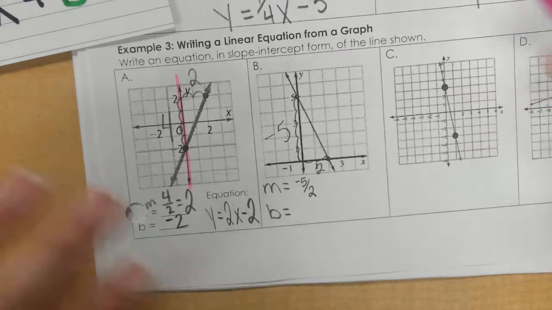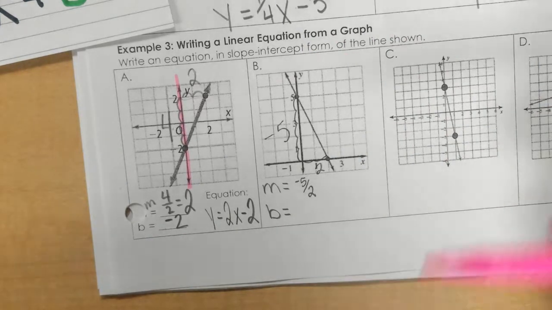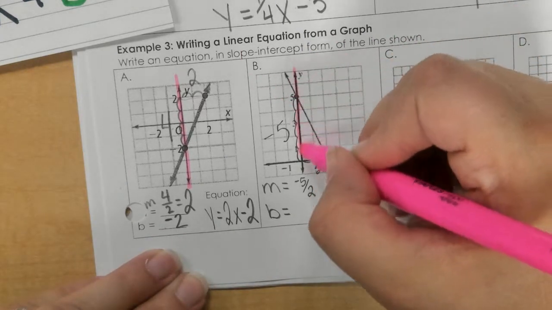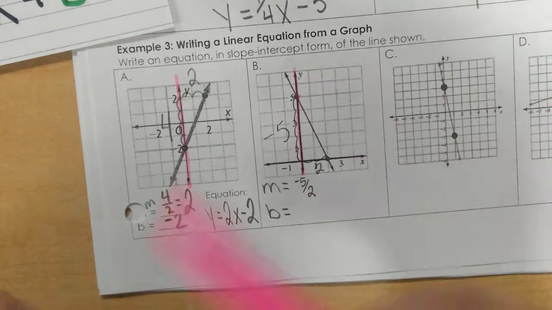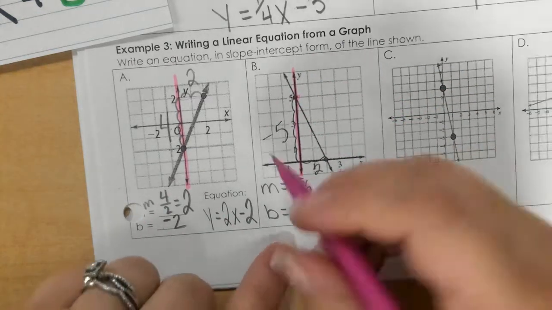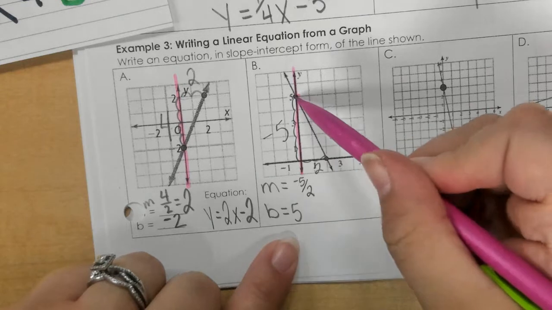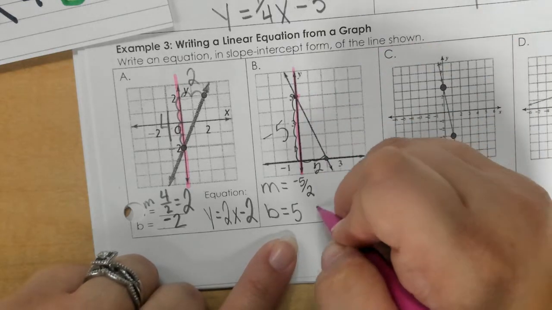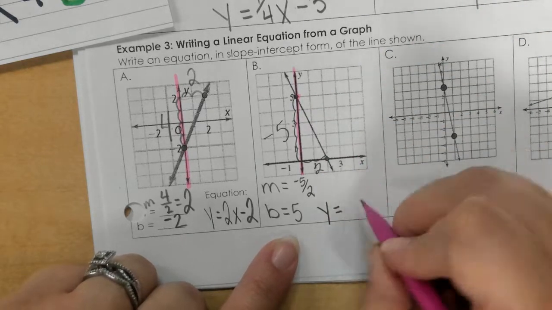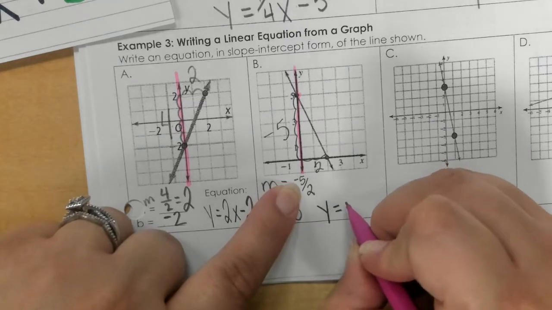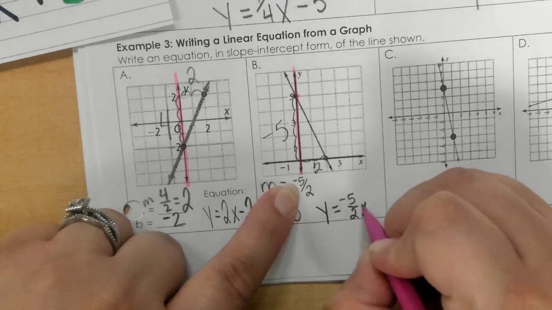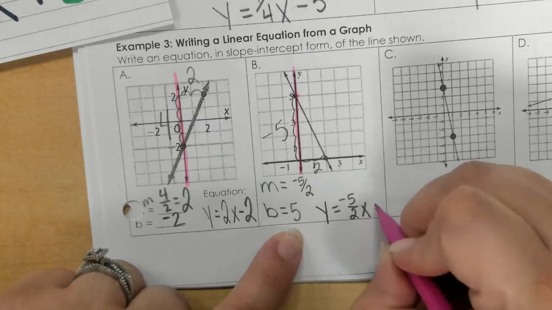And then our line crosses the y-axis at what point? And that would be at +5, sorry. +5. Right there. So we have y equals m, which is -5/2, x plus b, so plus 5.